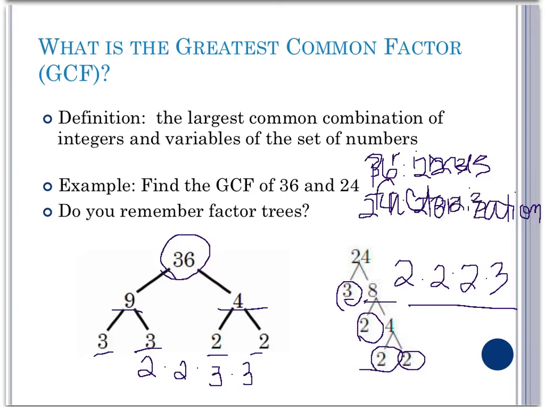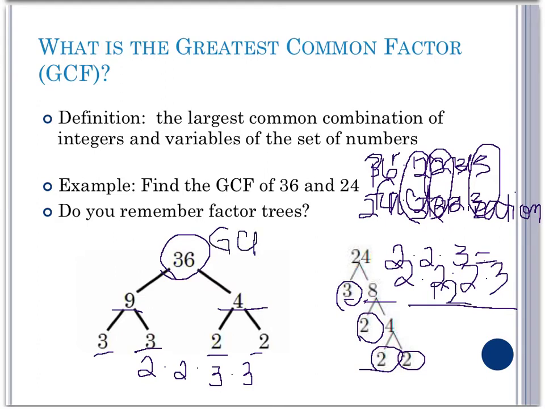Well, what common factors do we have between these numbers? 2 is in common, another 2 is in common, and a pair of 3's are in common, meaning 2 times 2 times 3 is in common, which is 12. So the greatest common factor, the GCF of 36 and 24, is 12.